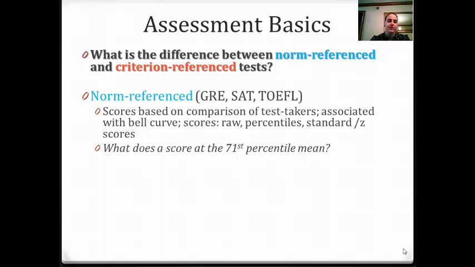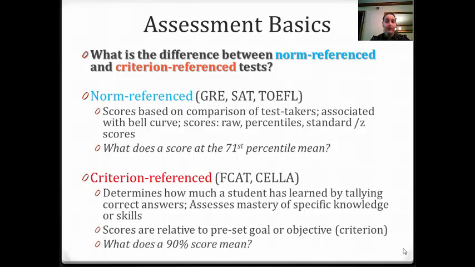Okay, so let's talk about criterion. Now you know norm-referenced is compared to others. Your score tells you how you scored in comparison to others. A criterion-referenced test determines how much a student knows or has learned by tallying how many questions they answer correctly of the information they're being tested on. These tests are designed to determine whether a student needs more help, or if they meet the specific criteria of the course they're taking, for example, state standards.